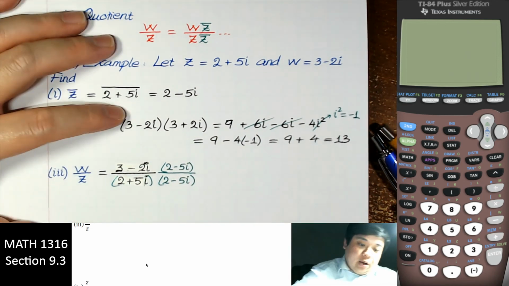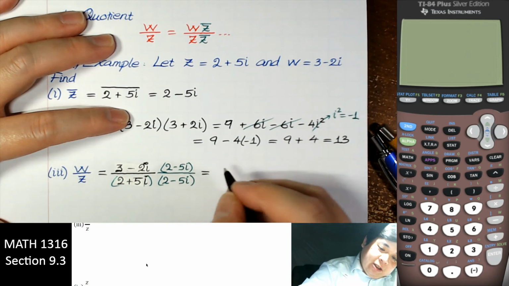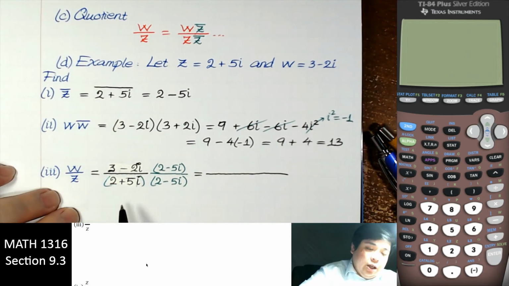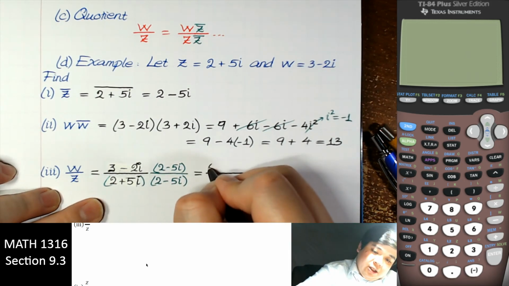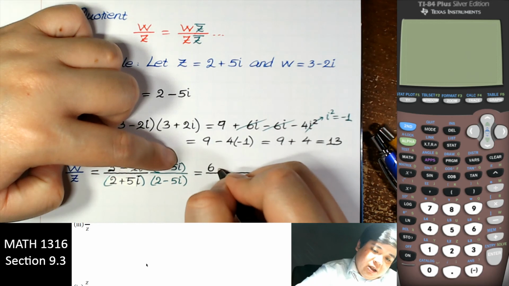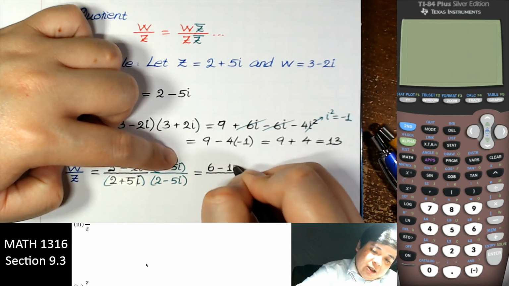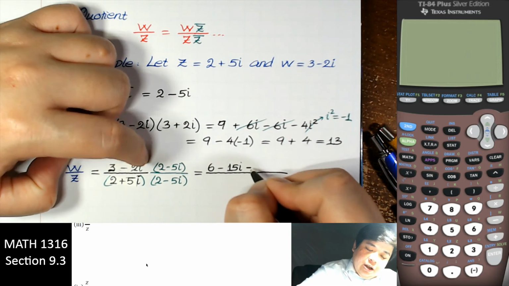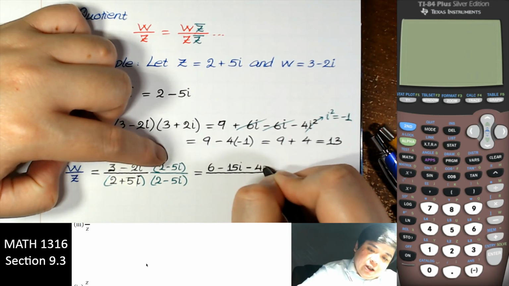So just change the sign of the imaginary part. Now just multiply it out. Three times 2 is 6. 3 times minus 5i is minus 15i. Minus 4i.